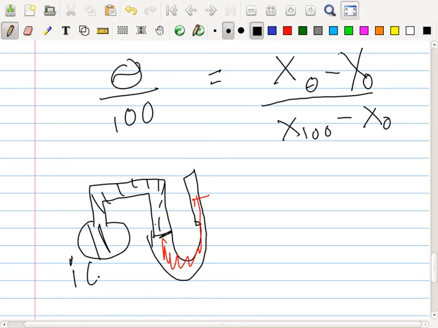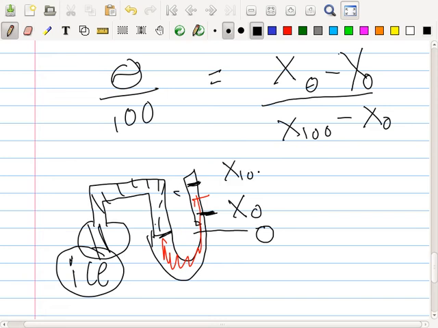It'll get cold and this will fall. Let's call this 0 here. So the height when it's for ice is called x0. Then you put some boiling water here, and it'll go up. That height is called x100. You just want this first and this first.